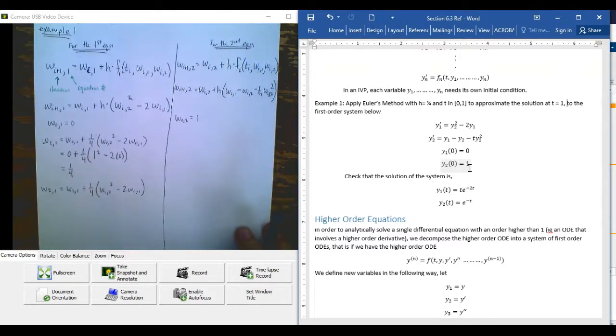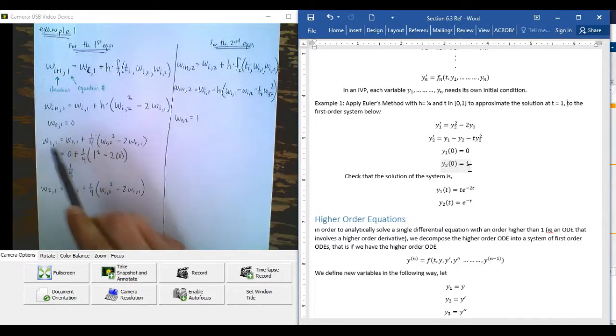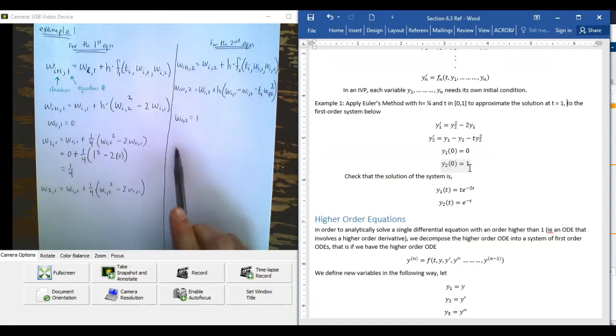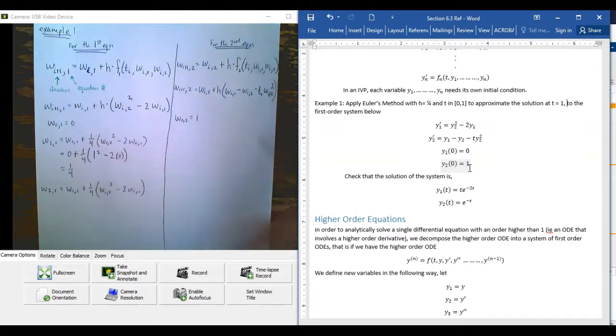So why is this problematic? Well, do we have W11? We do. It's a fourth, of course, h. Do we have W12? We do not. So that's why we need to solve simultaneously, because this is dependent upon the approximation from this guy here. So let's do that.